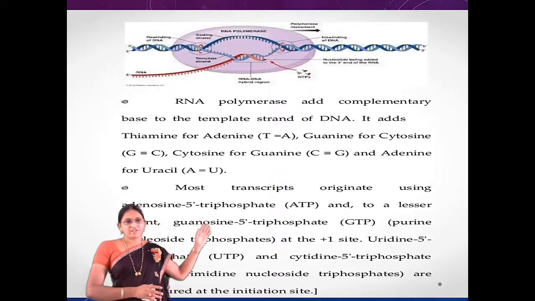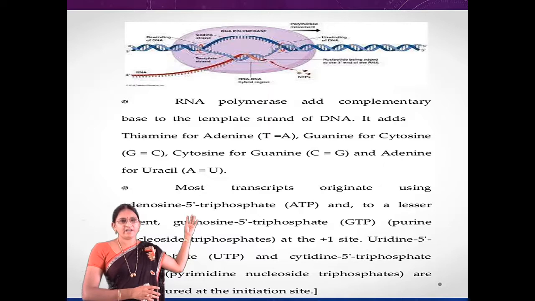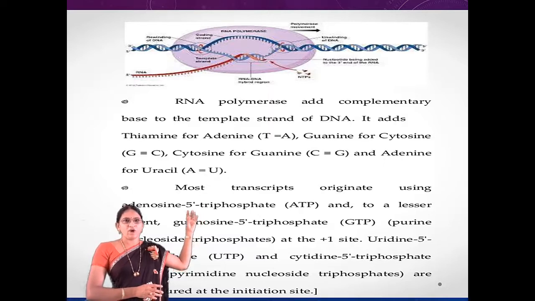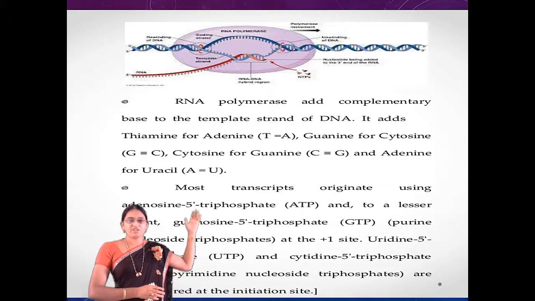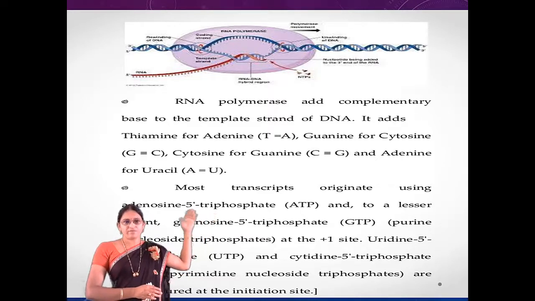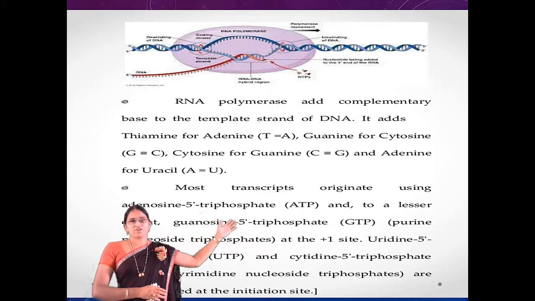Here you can see the picture of how the enzyme binds to the double helical DNA, to the promoter region of the DNA, and starts the initiation, unwinding of the double helical DNA and synthesis of the RNA in the 5' to 3' direction: initiation followed by removal of sigma factor followed by elongation of the RNA synthesis.